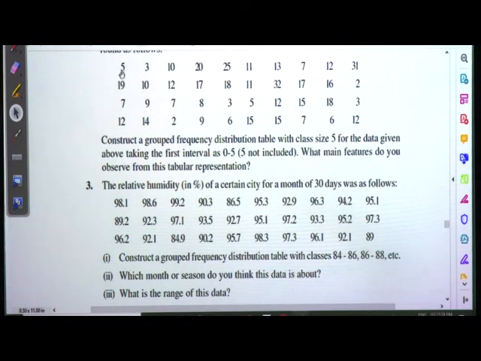5 is less than 7. 7 is not considered in less than 7. So 1, 2, 3, 4, 5, 6, 7, 8, 9.